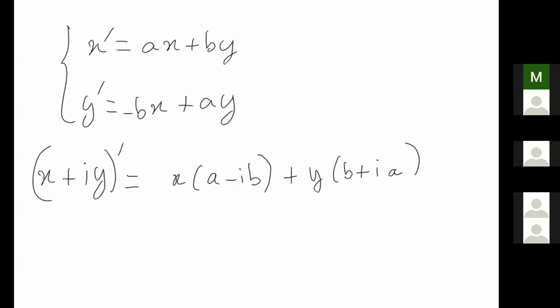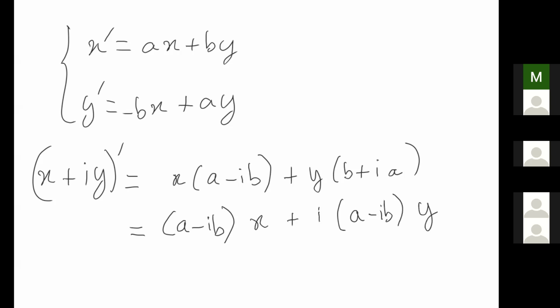So then this is a minus ib times x, plus, if I put the i in front, a minus ib times iy.